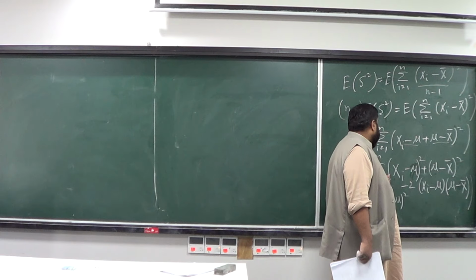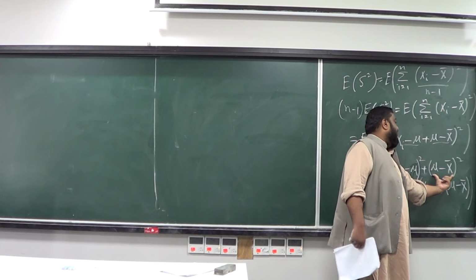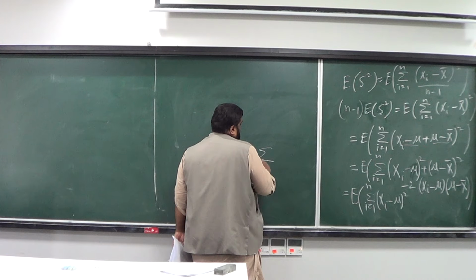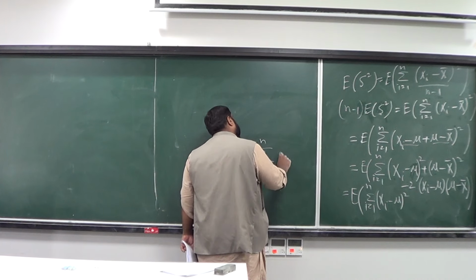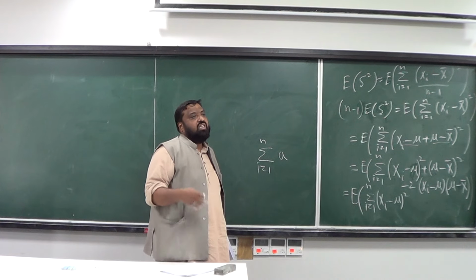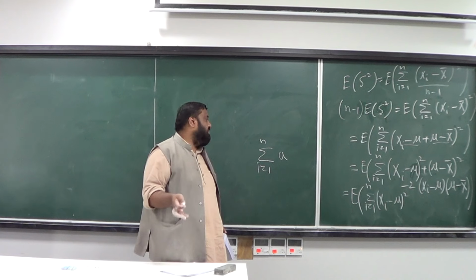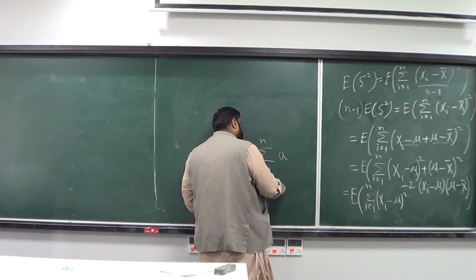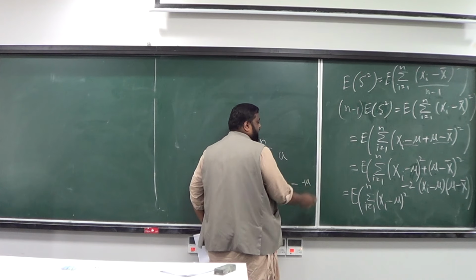So if I apply the sum onto a term with no index, it's like you have i equal to 1 to n and a quantity a, where a is some constant which does not involve any index. So what does it mean? It means you are adding a, n times.